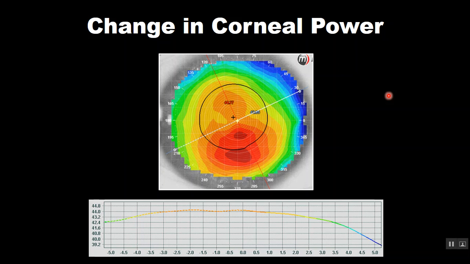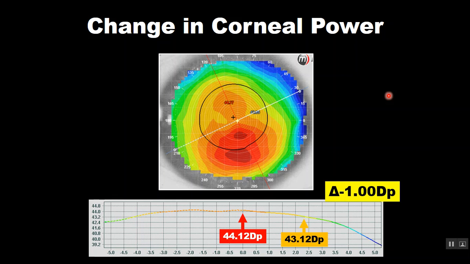When you fit any patient with any type of contact lens, you might notice that in the center we have our highest dioptric power, most curvature. As we go away from center, we have less power. We have this drop in power as we move away from center.